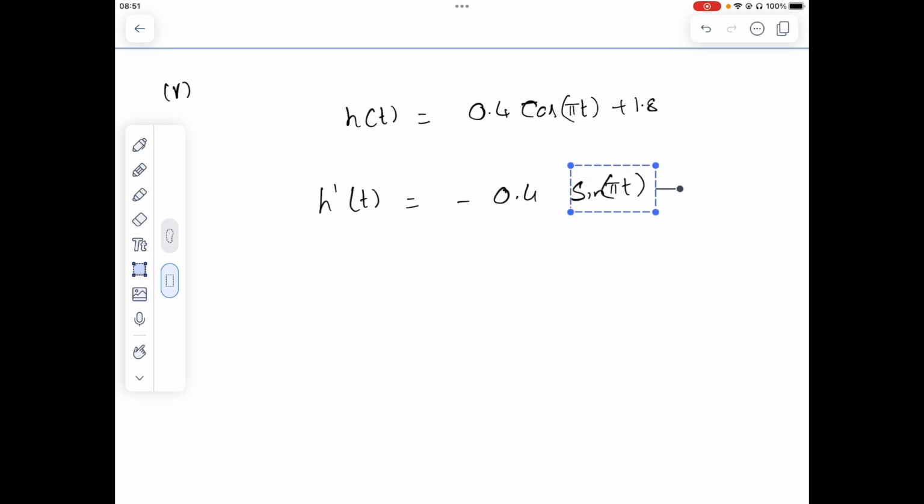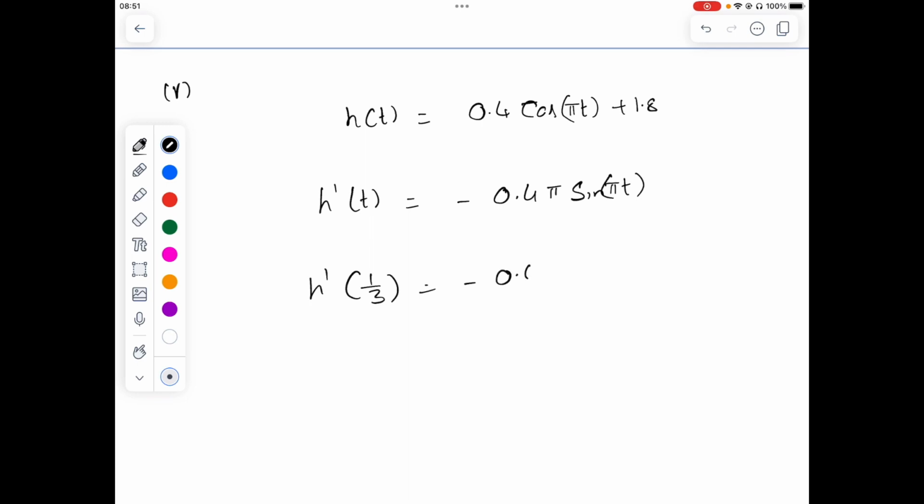The cosine derivative is negative sine, the derivative of pi t is pi, and the derivative of 1.8 is 0. Now we plug in 1 upon 3: negative 0.4 pi sine pi by 3. Simplify that and you should get 0.2 pi square root 3 meters per second. So that's going to be the answer.